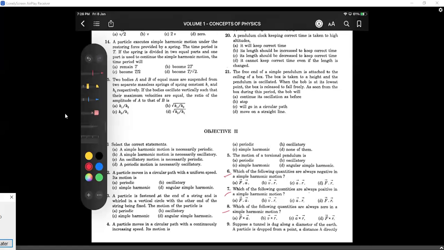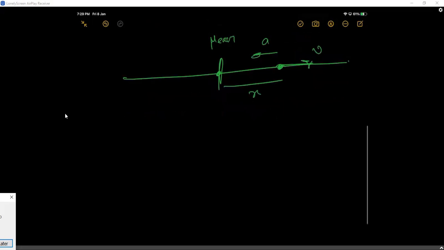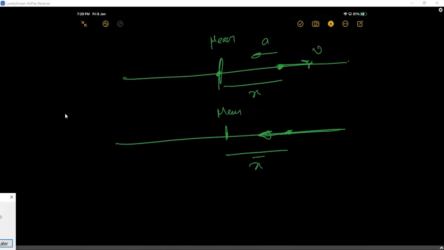You should always be ready to talk about a particle in simple harmonic motion. It is somewhere around here going away. Now the displacement is positive, the velocity is positive, but the acceleration is negative. Let's look at the same body, but it is coming back, somewhere around here. Now the displacement is still positive, but the velocity is negative, and the acceleration is also negative.